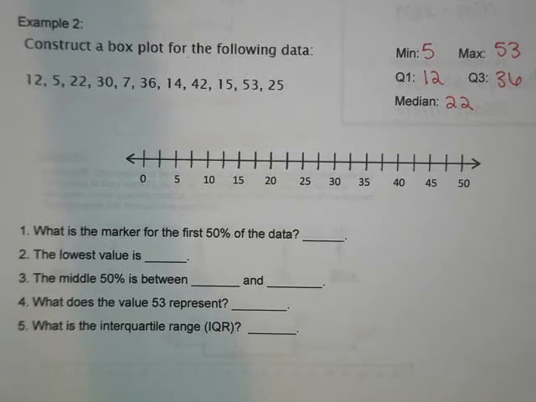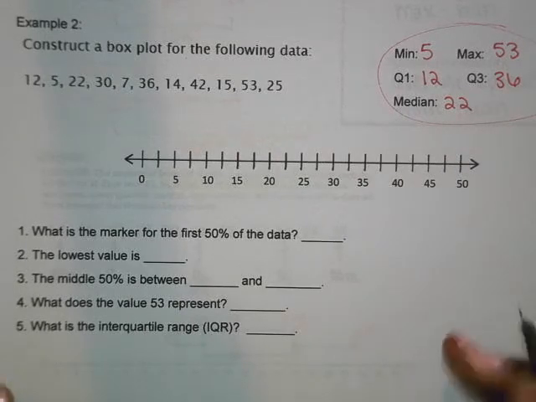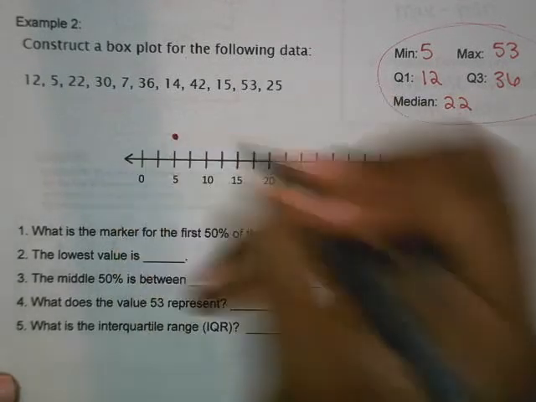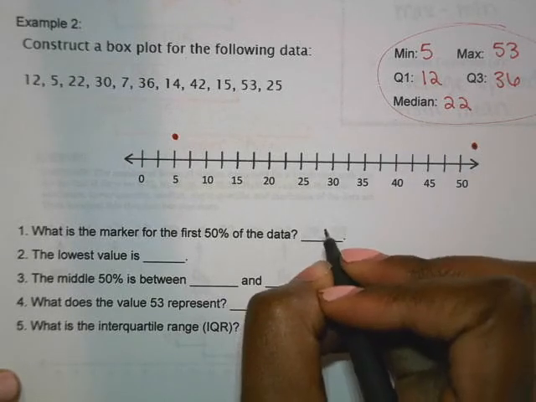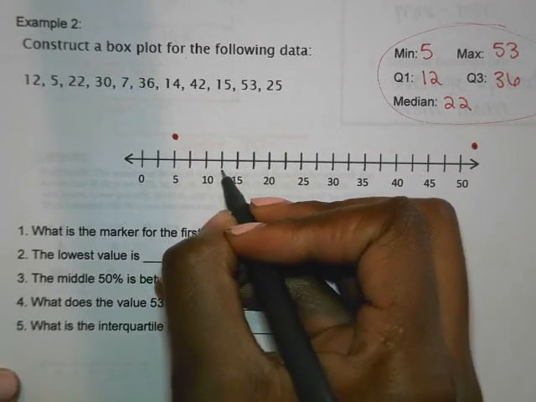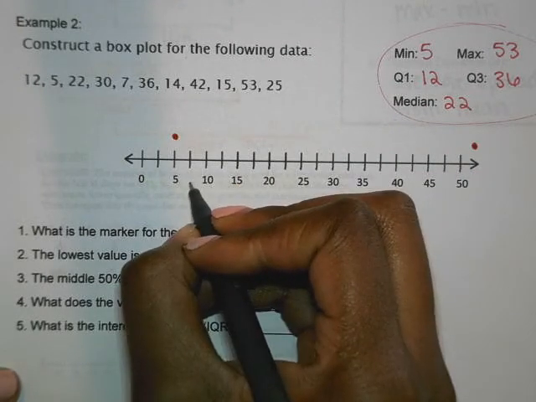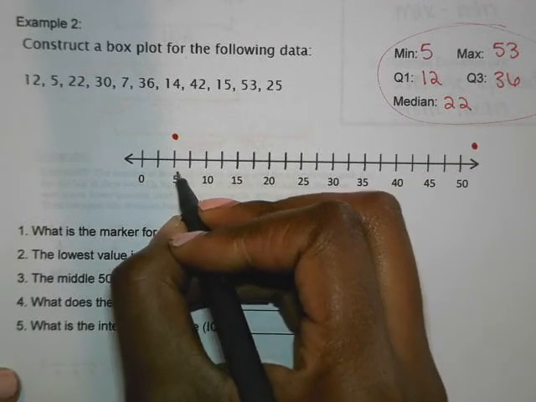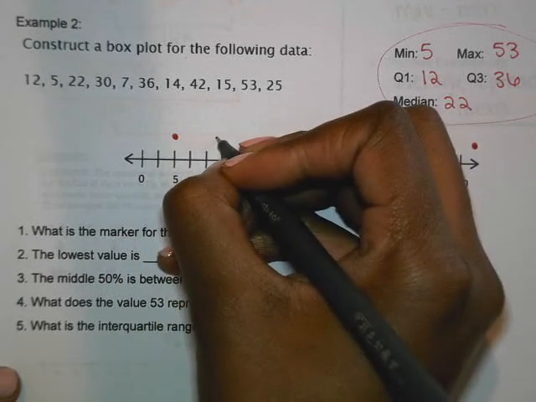Okay, so if I want to draw my box and whisker plot, I'm using this information. So my minimum's at 5. Max is at 53. My first quartile is 12. These increments are going up by, looks like, 2.5, so you can just eyeball it a little bit.